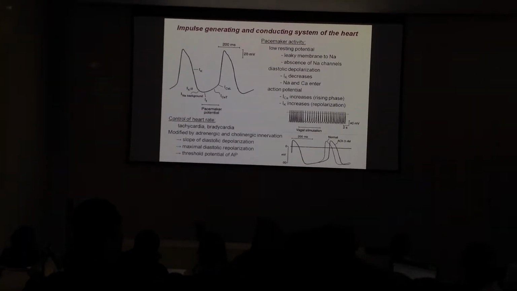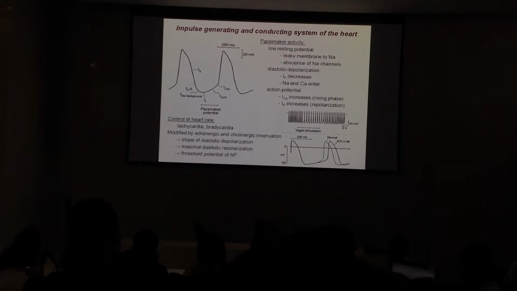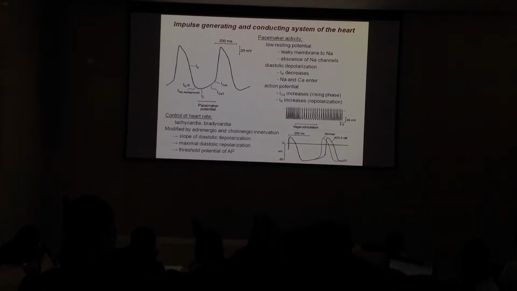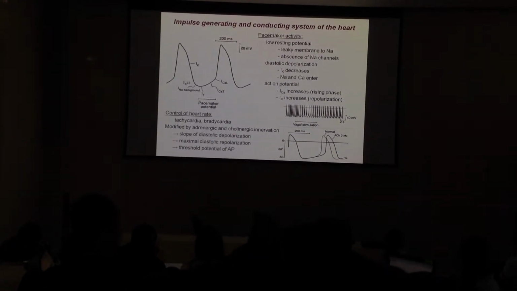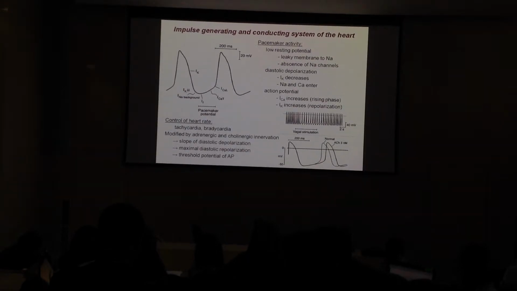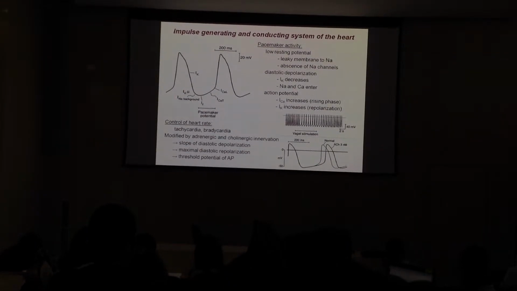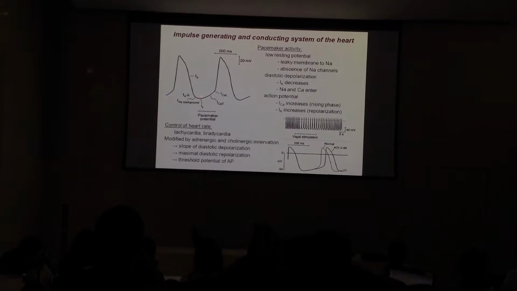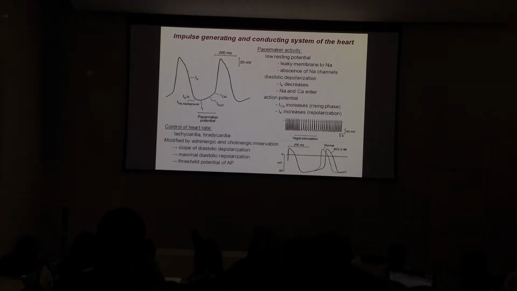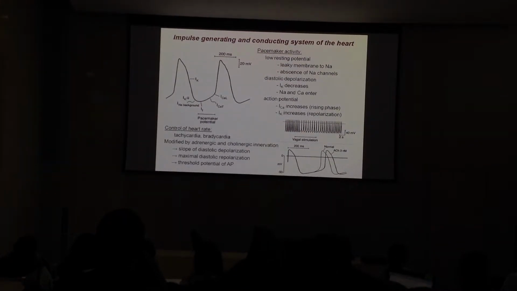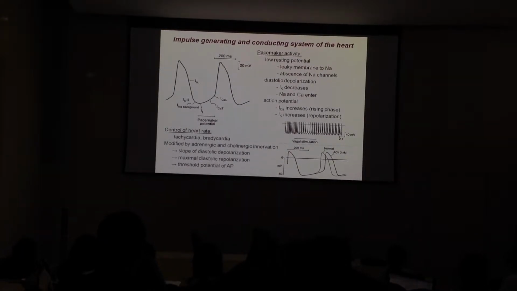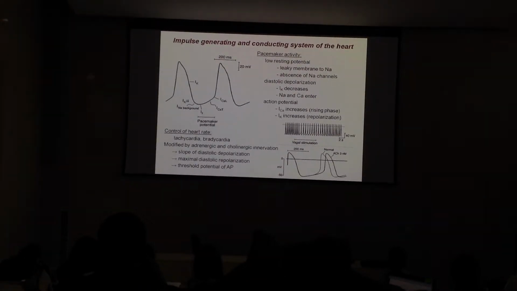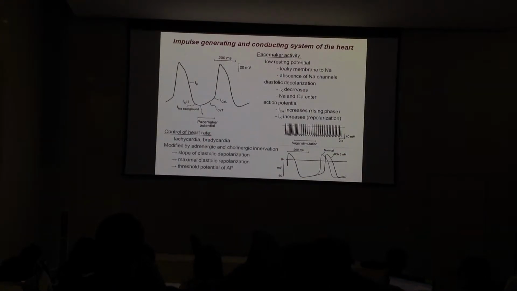If this period is short, the heart rate is high because more action potentials can fit into the 1 second or 1 minute interval. If this diastolic depolarization is longer, in this case the heart rate will be lower. The lower heart rate is bradycardia. The faster heart rate is tachycardia.